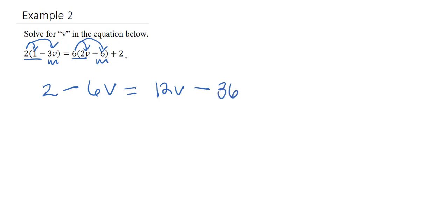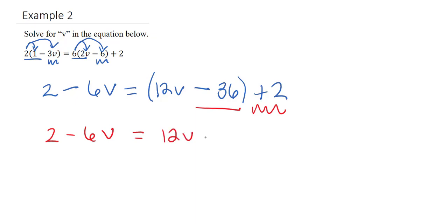And then we just have this plus 2 hanging out. We could keep this in parentheses, but we don't have to. And on the right-hand side, we could simplify before we start solving. So we have this minus 36 plus this 2. So we're going to combine those two first. So 2 minus 6v, and then 12v, which is equal to minus 36 plus 2.